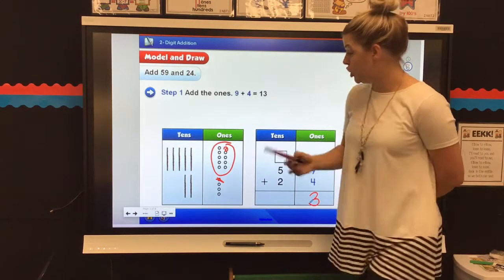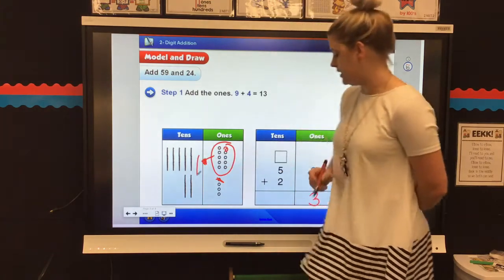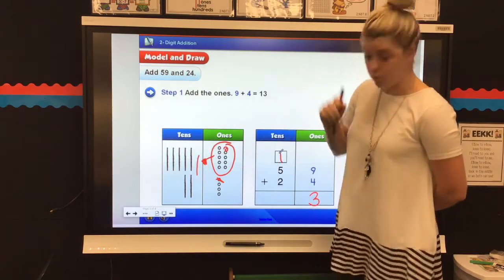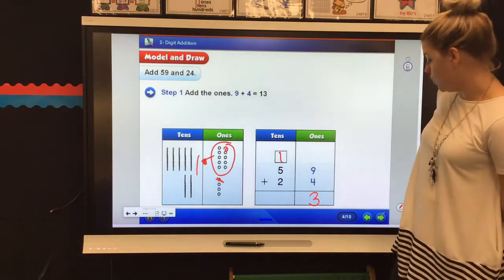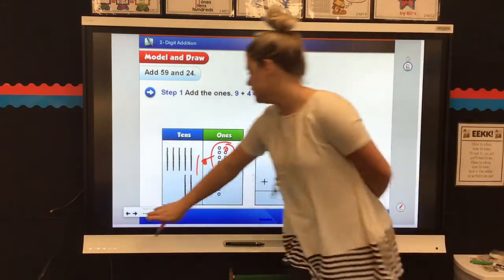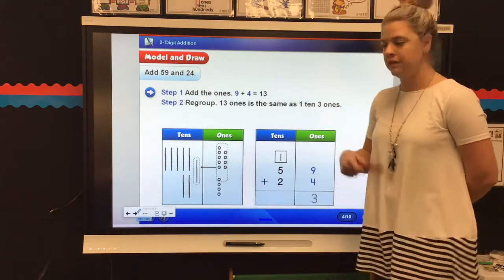All right, what do we have to do with our 10 rod? We're going to move it over here and add a 10 rod. So we are going to regroup that one. All right, step 2. Whoop, just kidding. I already did step 2, right?